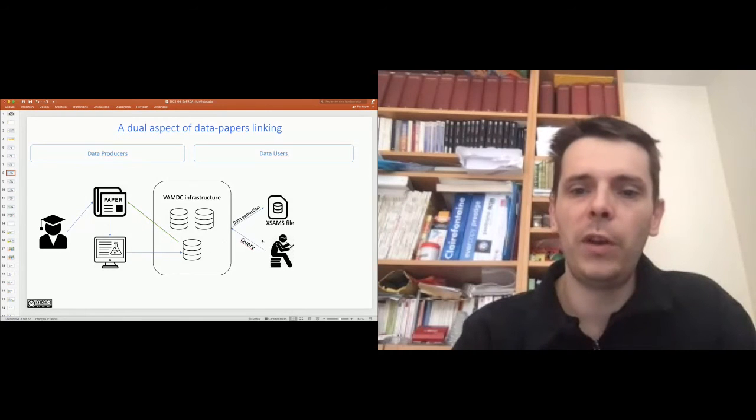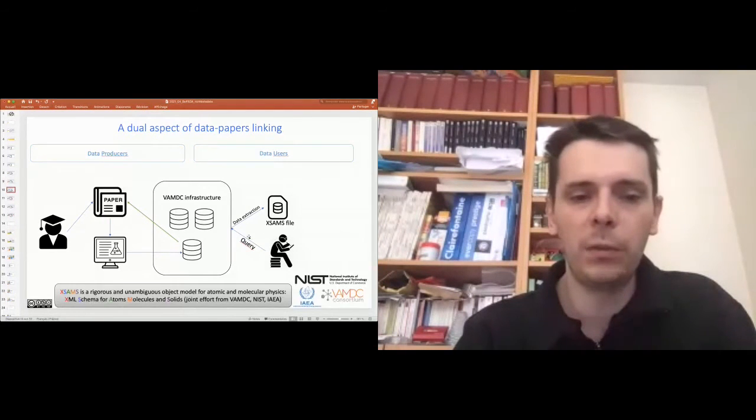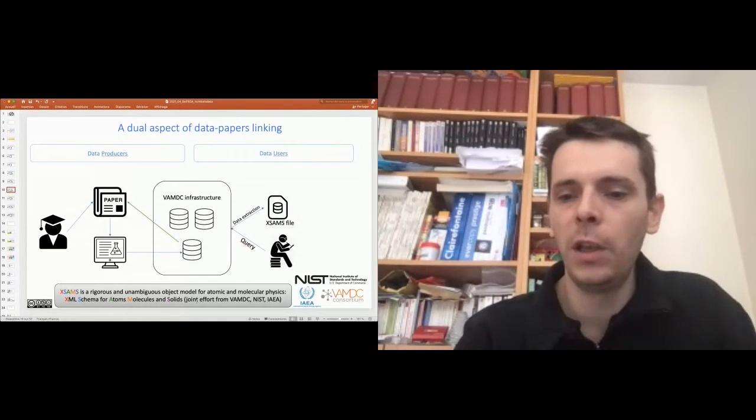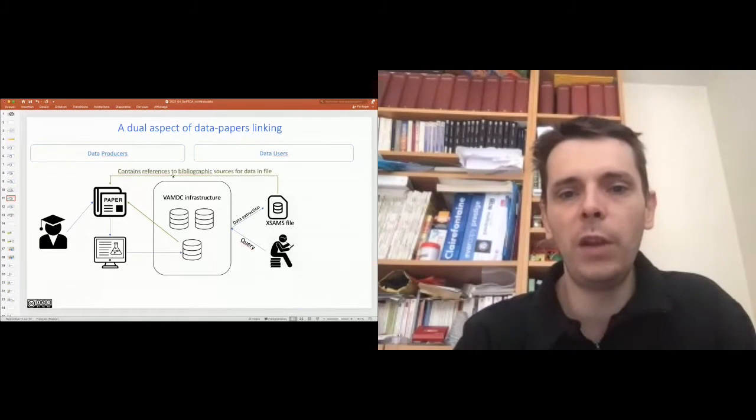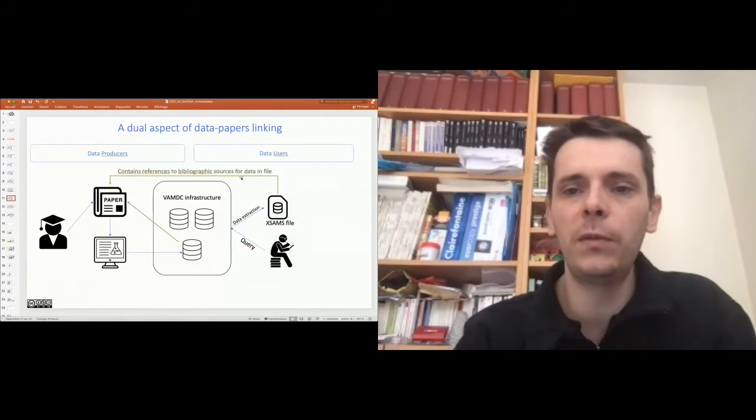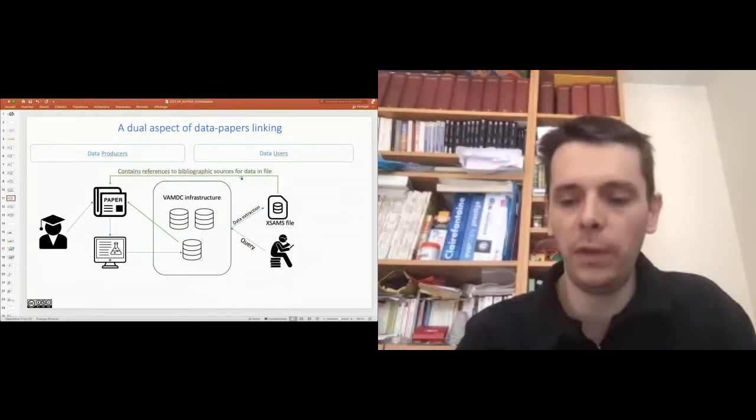Then when a user extracts the data, the output format is XSAMS, an acronym for XML Schema for Atoms, Molecules and Solids, which is a standard that VAMDC created together with NIST and the International Atomic Energy Agency. In these XSAMS files, there will always be the reference to the bibliographic sources for the data contained in the file.